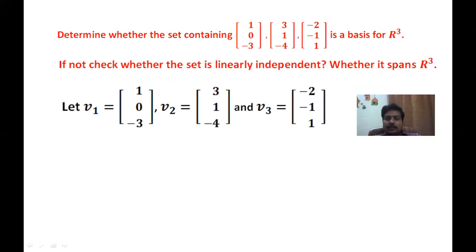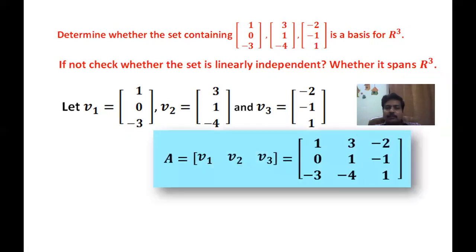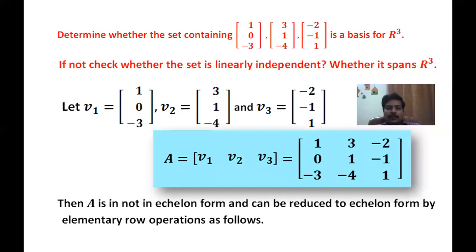Name those vectors: V1 is equal to (1, 0, -3), V2 is equal to (3, 1, -4), and V3 is equal to (-2, -1, 1). Let A be the matrix of V1, V2, V3. So we are forming a matrix using the given column vectors.